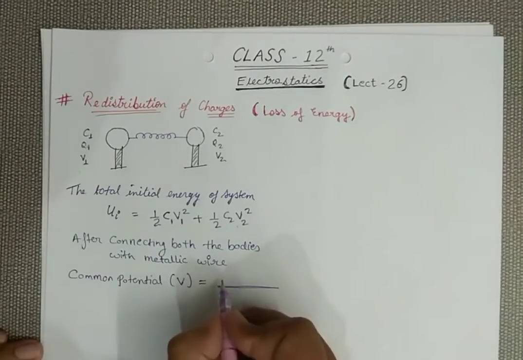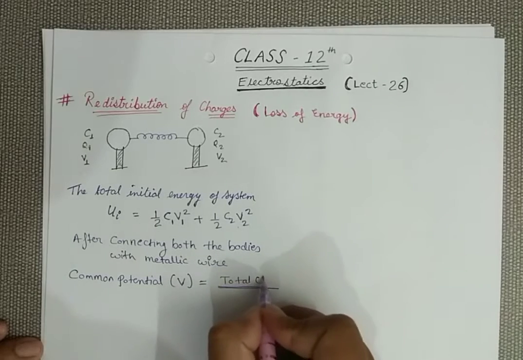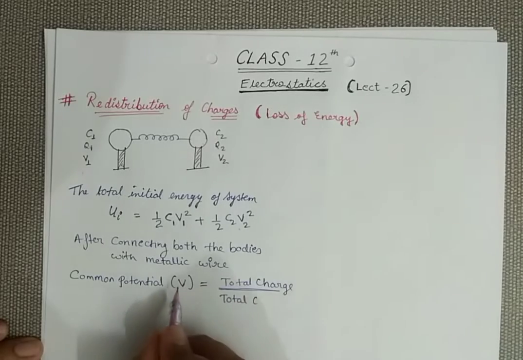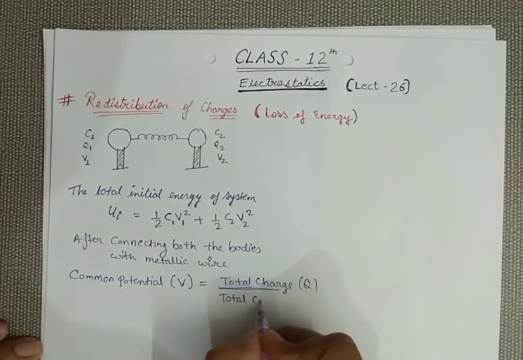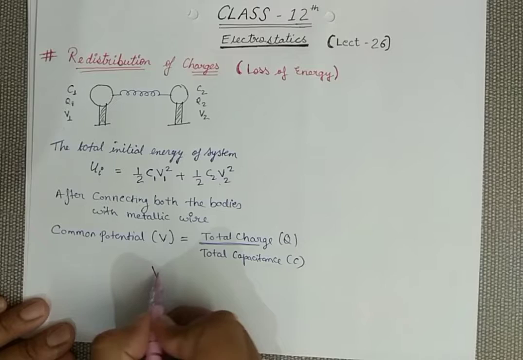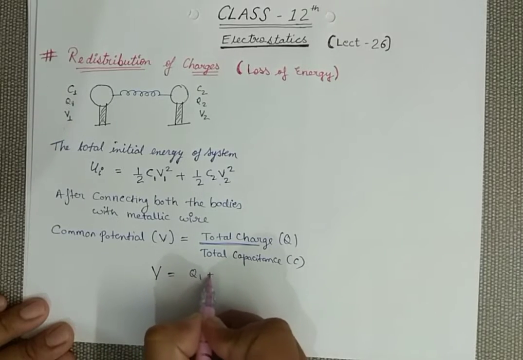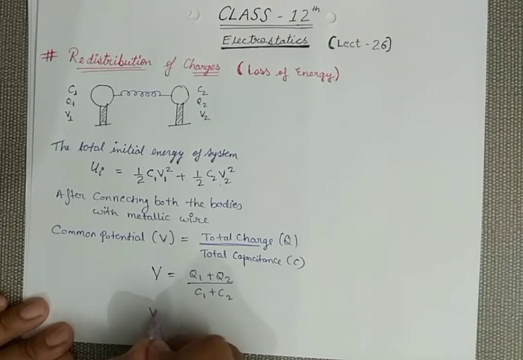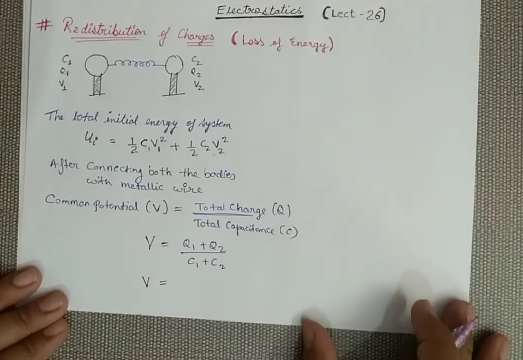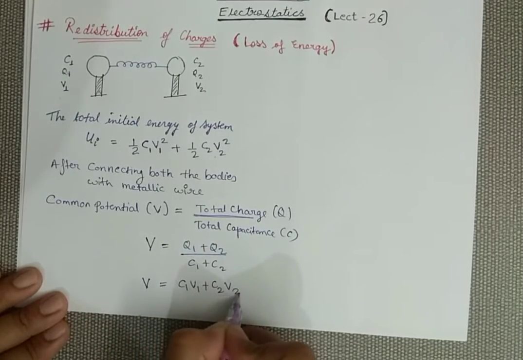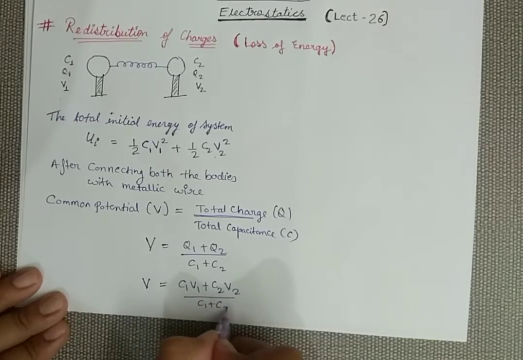The common potential V means the potential of both the bodies, which will be the total charge divided by the total capacitance, that is V equals total charge Q divided by total capacitance C. So you can write V as: total charge is Q1 plus Q2, total capacitance is C1 plus C2, and instead of Q, we can write C1 V1 plus C2 V2, upon C1 plus C2.